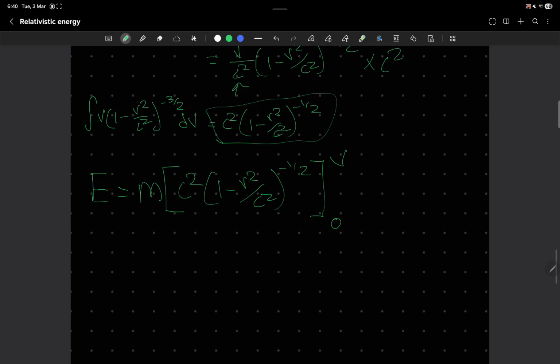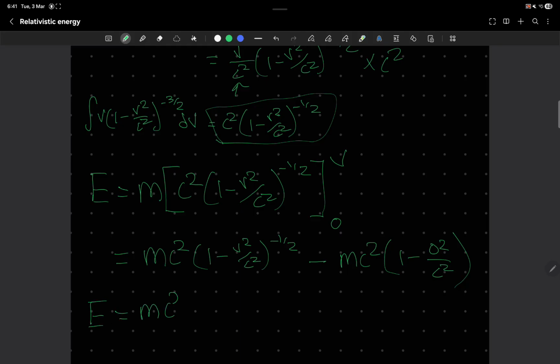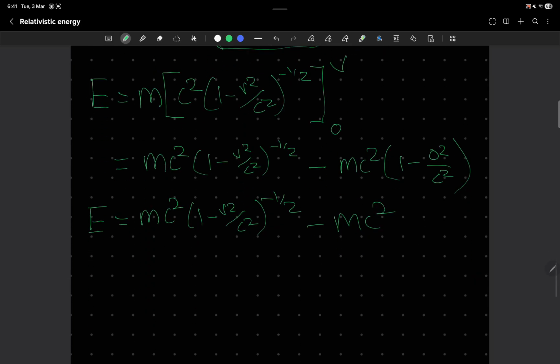And so if we plug in v, we get mc squared bracket 1 minus v squared upon c squared to the minus a half, and then minus mc squared bracket 1 minus 0 squared upon c squared, which is just 0. So we get that E is equal to mc squared bracket 1 minus v squared upon c squared to the minus a half minus mc squared.